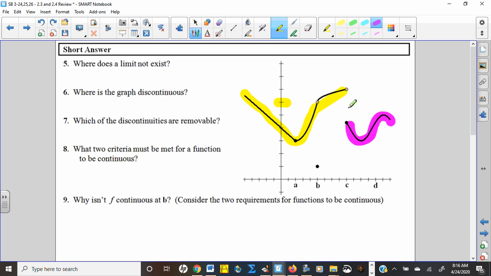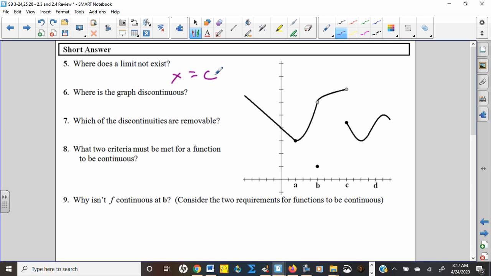The limit's not going to exist because it looks like the left limit is 7, and the right limit is, I guess, 4 over here. And then after that, everything's continuous until the end of the interval. So it looks to me like the only place where the limit does not exist is at x equals c.